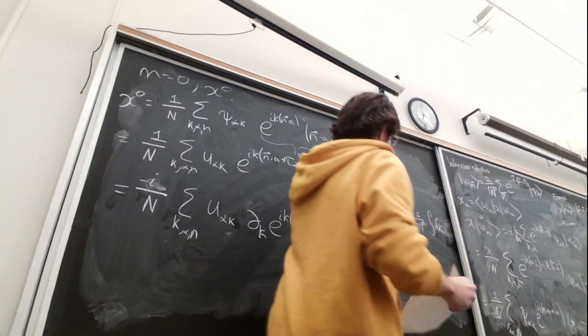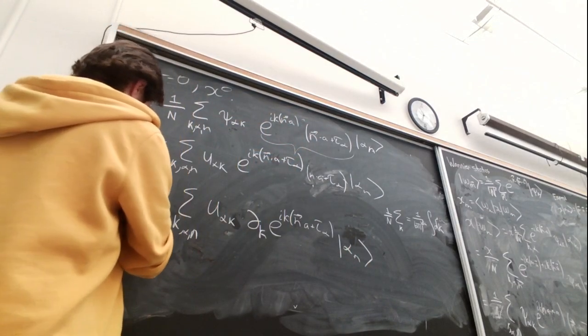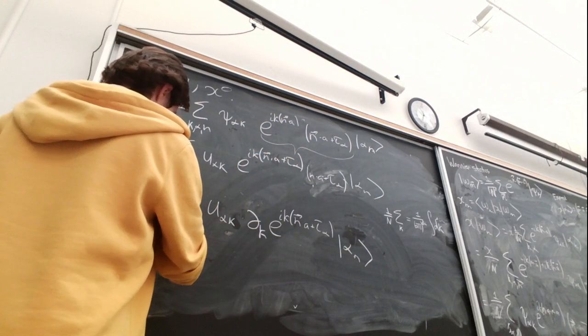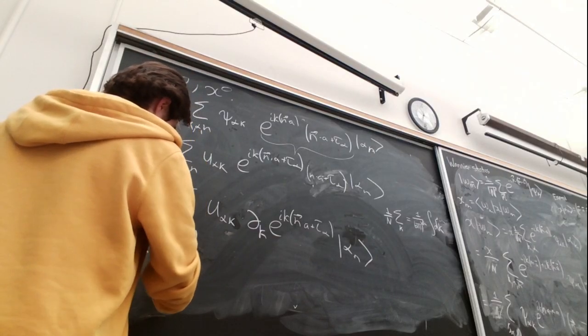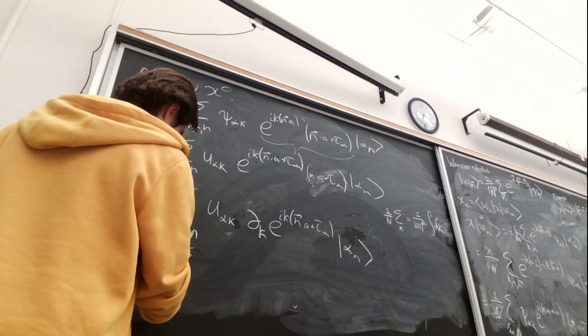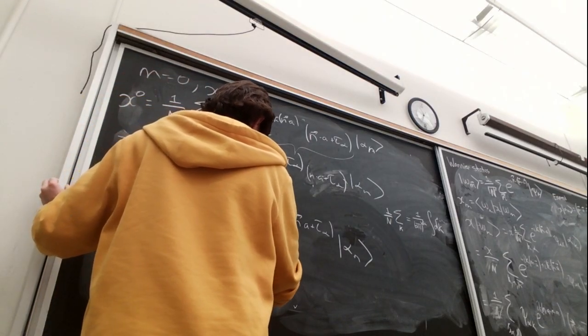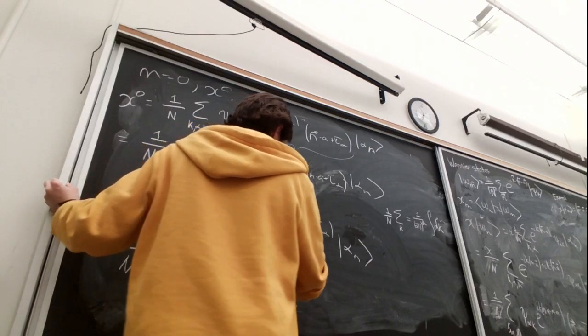I think this is roughly correct, up to everything being wrong. And so I can write this as an integral now. So I still have the sum over alpha and n, but I now have this integral over k, e to the whatever.